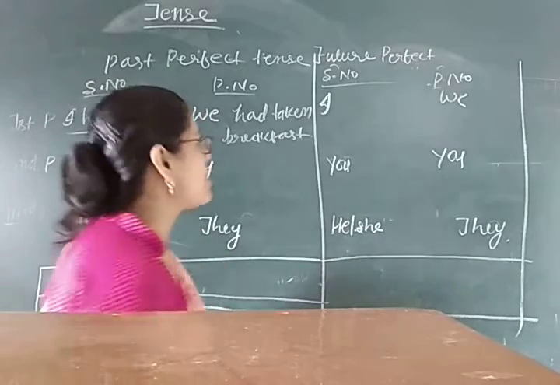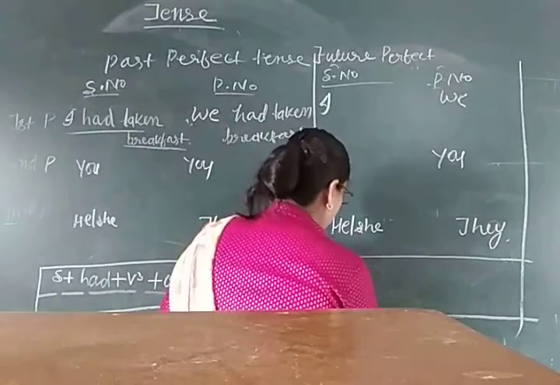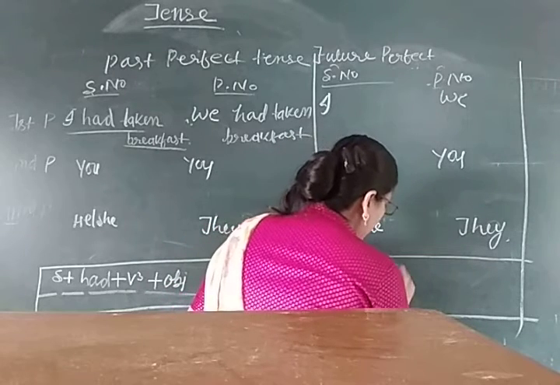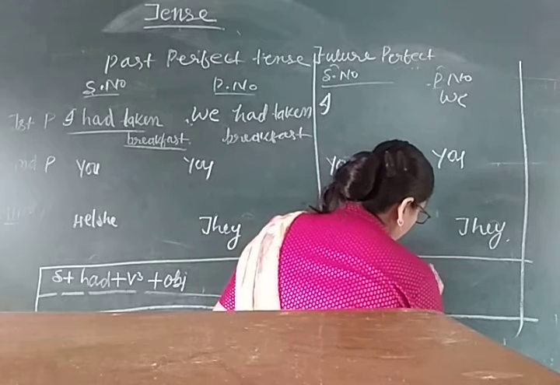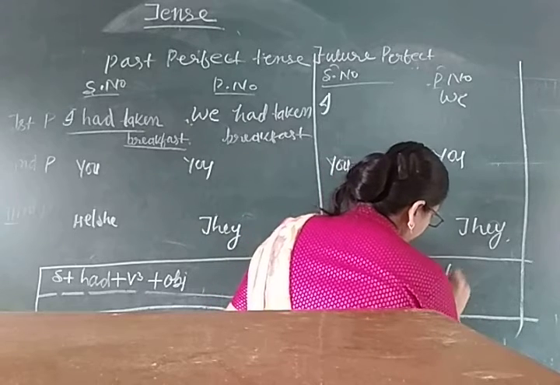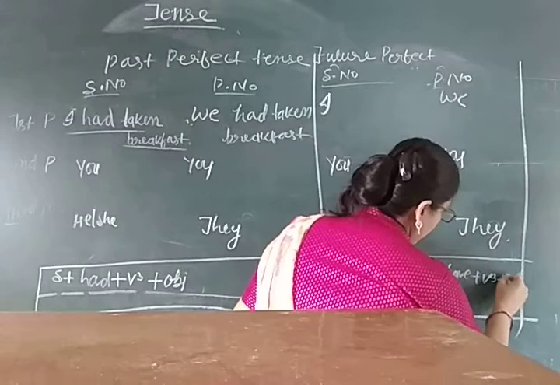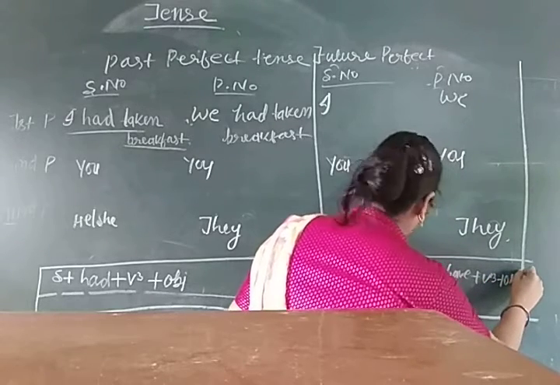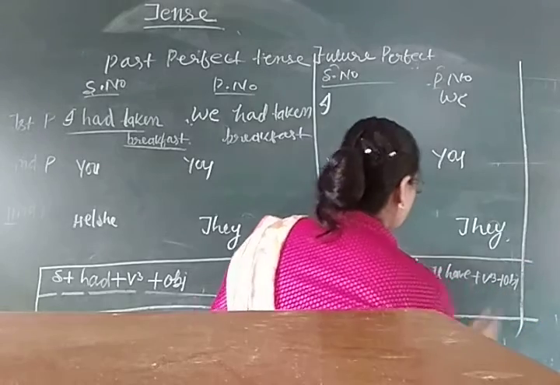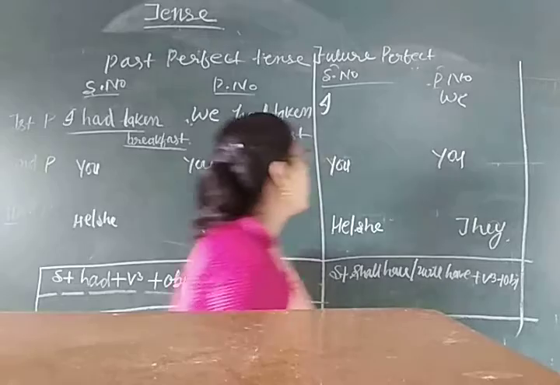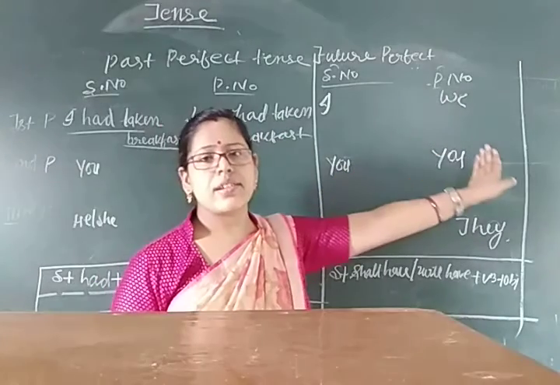So what will be the structure of future perfect tense? The subject plus shall have, will have, plus V3 plus object. Alright, so this is the structure of future perfect tense.